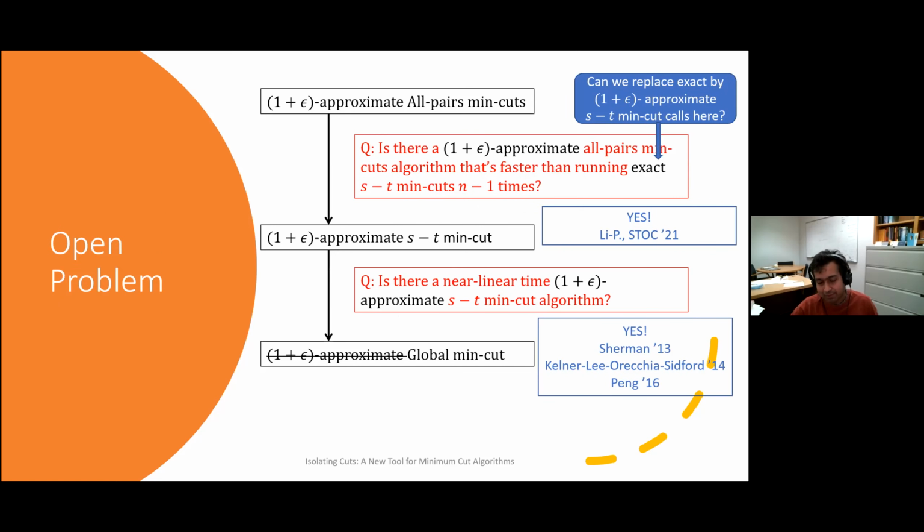Now let's return to this question of exact versus approximate. If we were able to replace exact by approximate, what would happen? This entire picture would basically collapse into near linear time algorithms for all the problems.